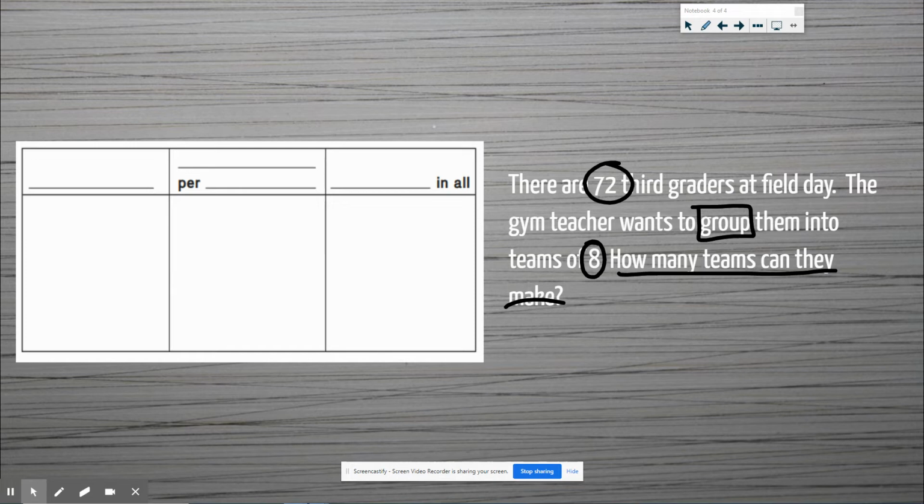There are 72 third graders. I'm not going to multiply and I'll get more third graders somehow. So I'm going to say third graders in all, and there are 72. The gym teacher wants to group them into teams of 8. So I'm looking at the third graders, 72 in all. There needs to be teams.